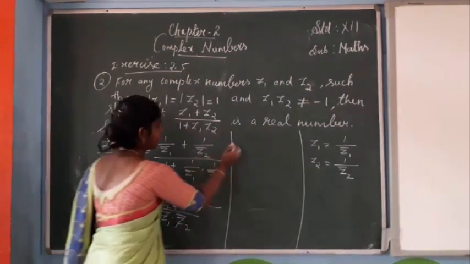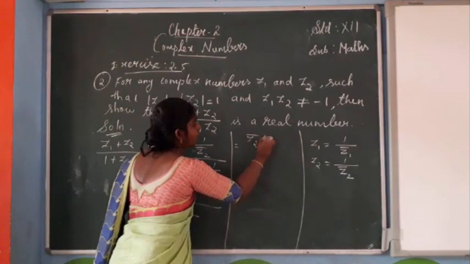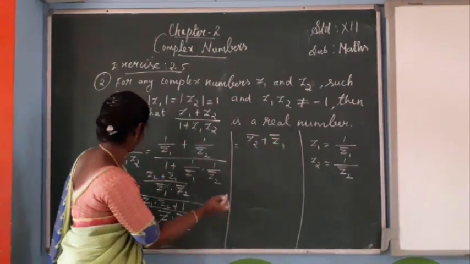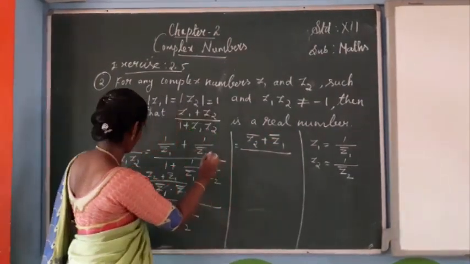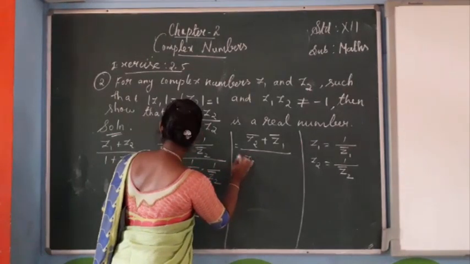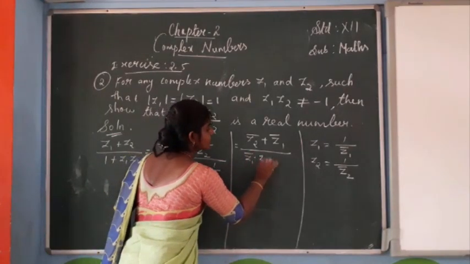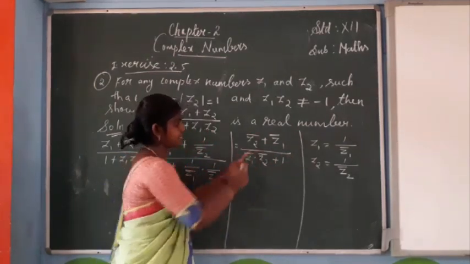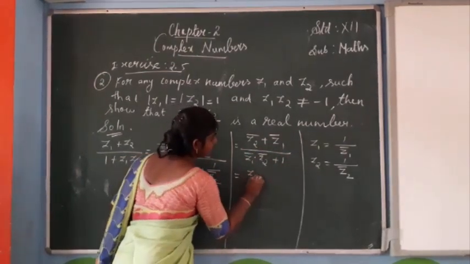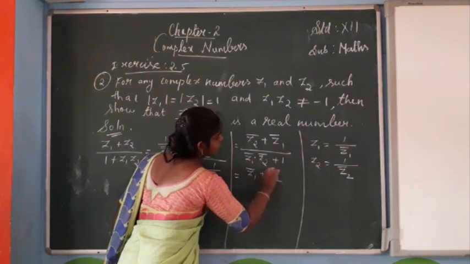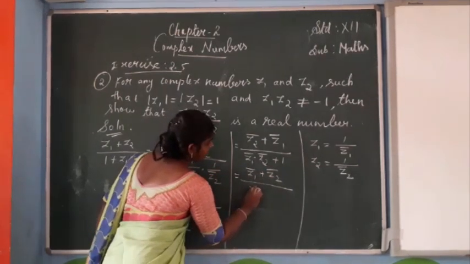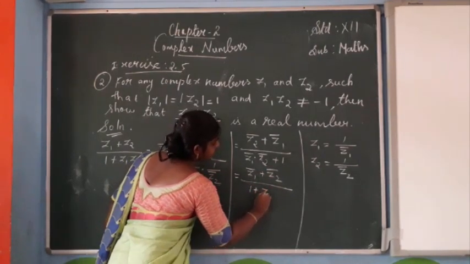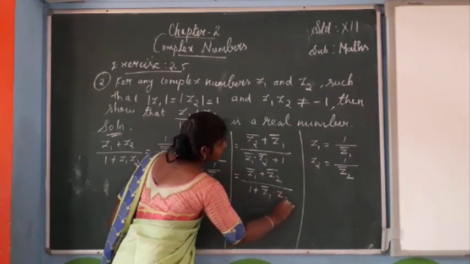You will get Z2 bar plus Z1 bar divided by Z1 bar into Z2 bar plus 1. Rearranging, that is (Z1 bar + Z2 bar) divided by (1 + Z1 bar into Z2 bar).